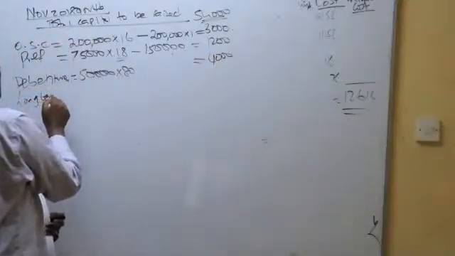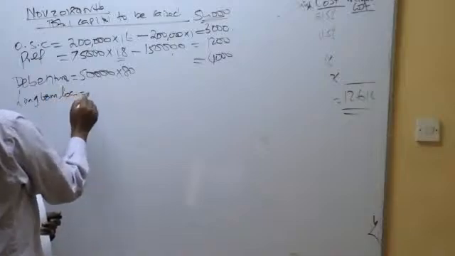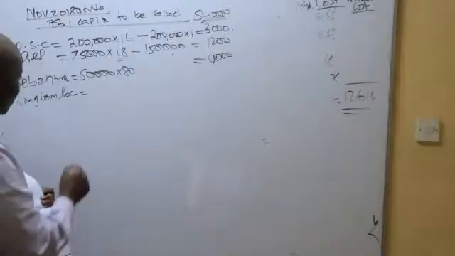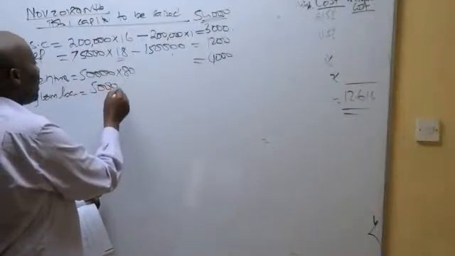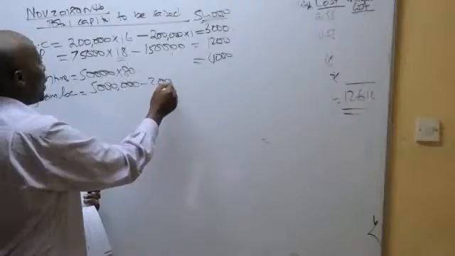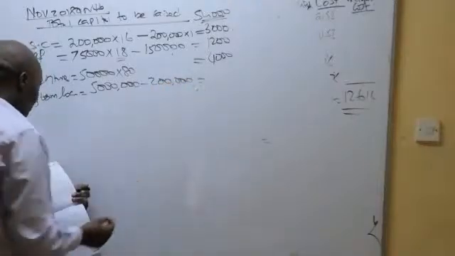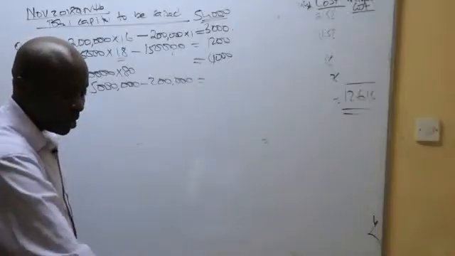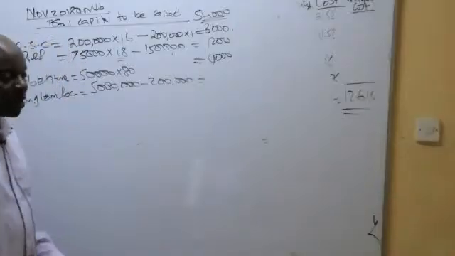So for the long-term loan, what do we have? It's 5 million, but here we have got 200,000 as flotation.